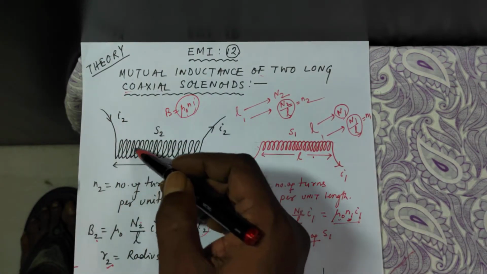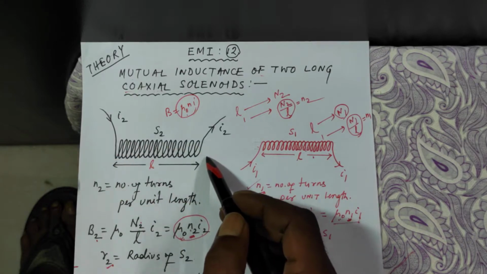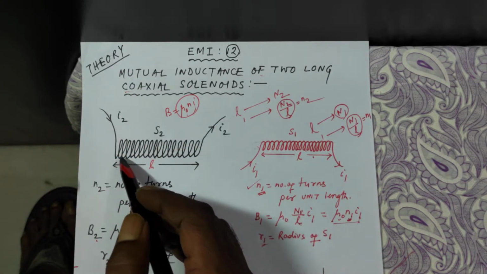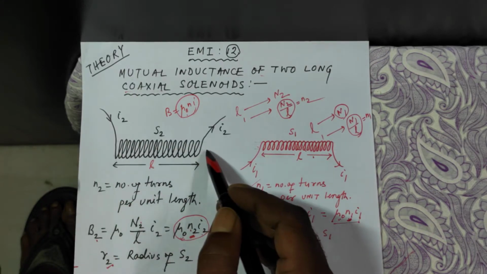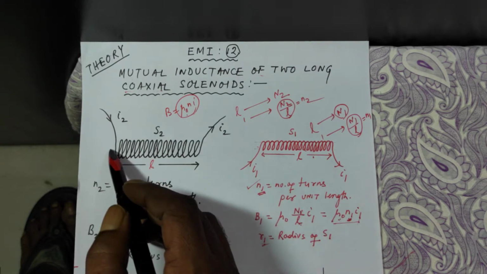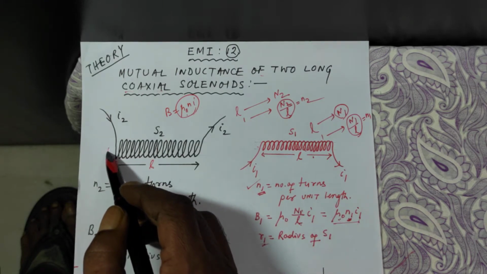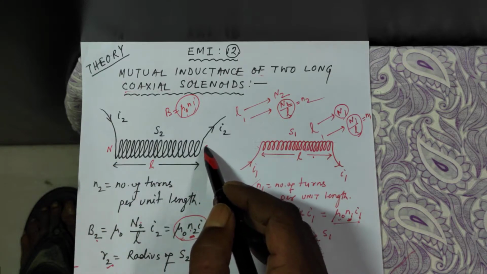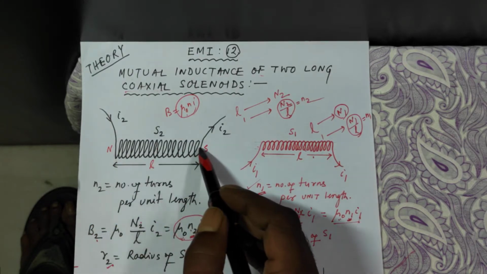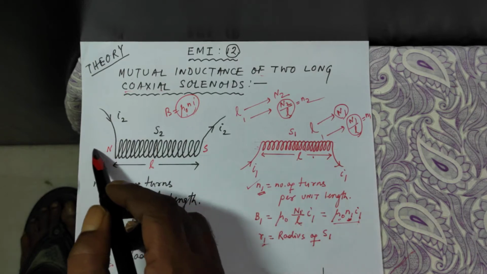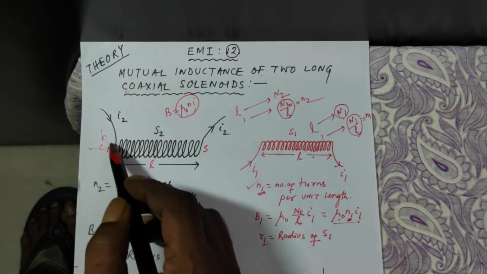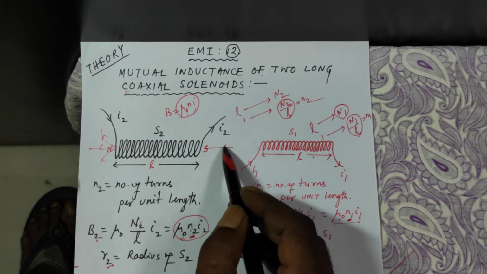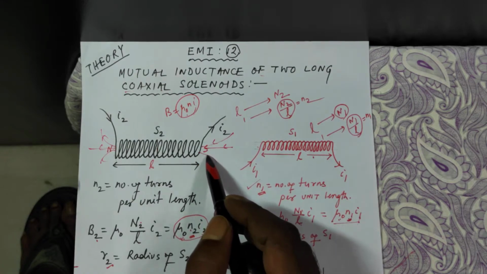When the current passes through this solenoid, it will behave as a magnet. One side will be a north pole, the other side a south pole. If from this side the current is anti-clockwise, this will behave as north pole and this as south pole. So this solenoid will have its own magnetic lines of force, like this.